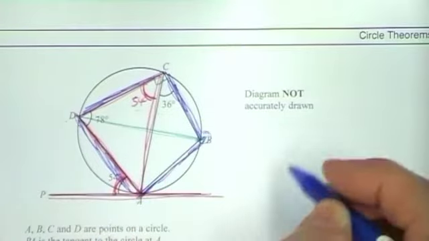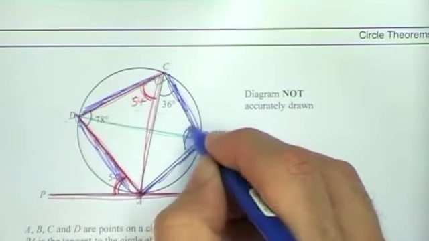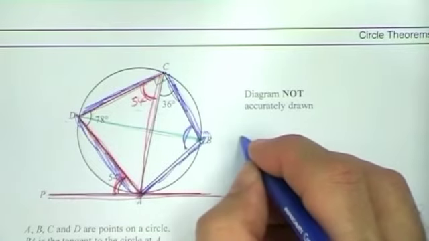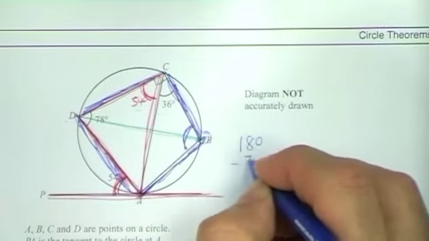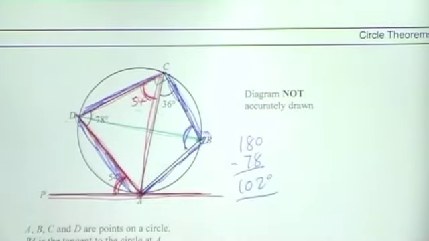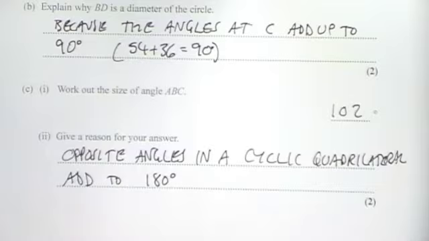So we've got a cyclic quadrilateral here, and the angle we want is opposite this 78, so our answer is going to be 180 minus 78, and that's 102 degrees. So that's what I put here, 102 degrees, opposite angles in a cyclic quadrilateral add to 180.